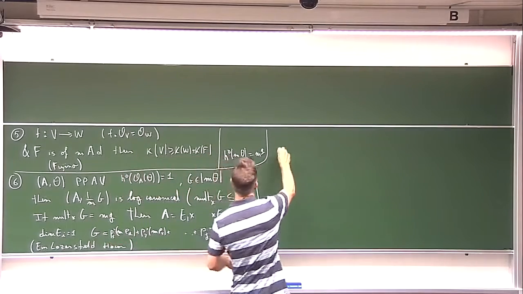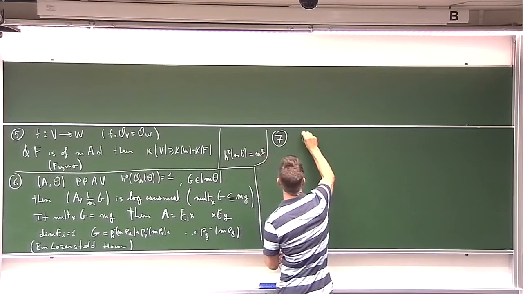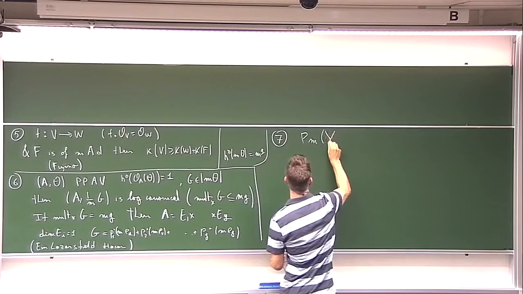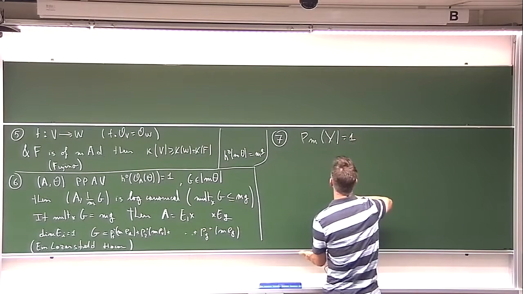Okay, so what was the other theorem I wanted to say? Let's assume that we have a variety, let's call it Y, and the Kodaira dimension of Y is 1.